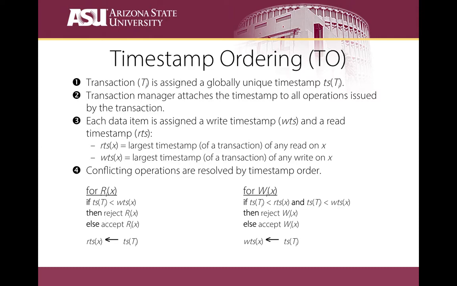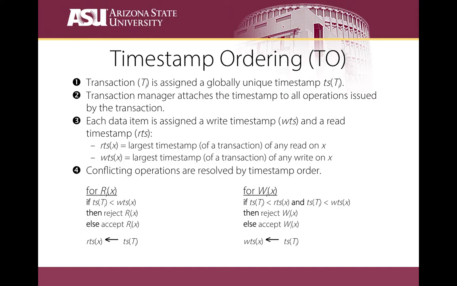So whenever you have a read, when shall you accept the operation and process it? And when shall you reject the operation and then restart the transaction Ti? What are the conditions? If the timestamp of transaction Ti is greater than the RTS of X... So what is a conflicting operation when you're reading X?